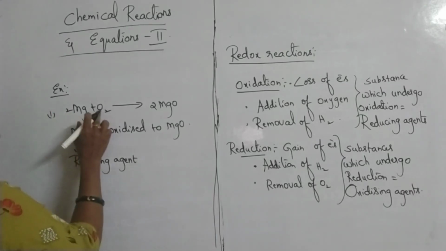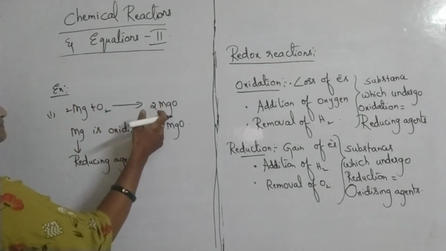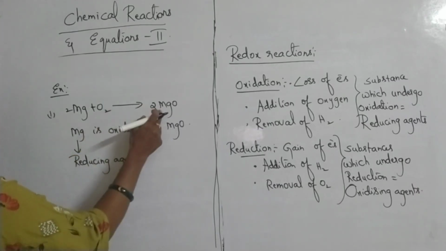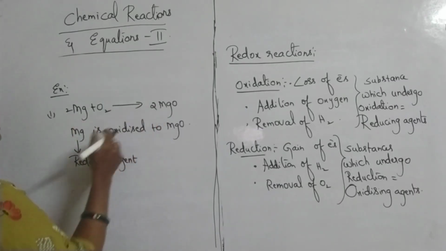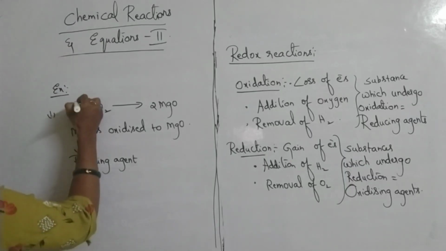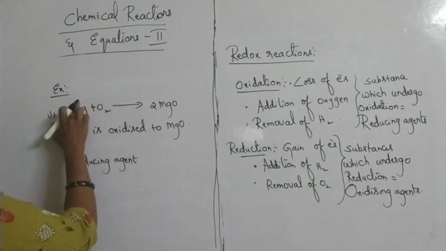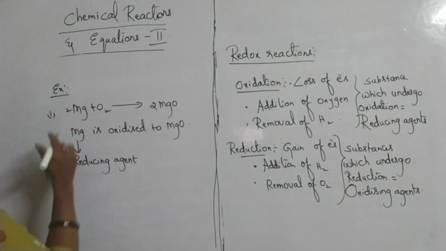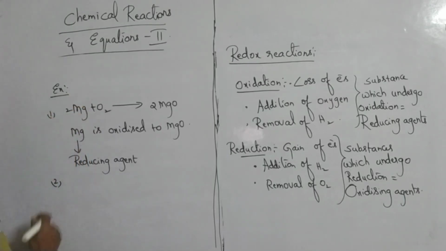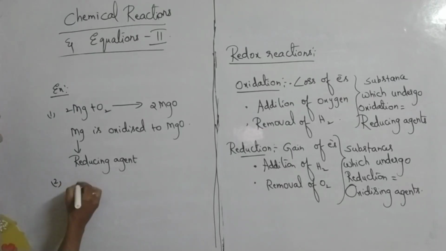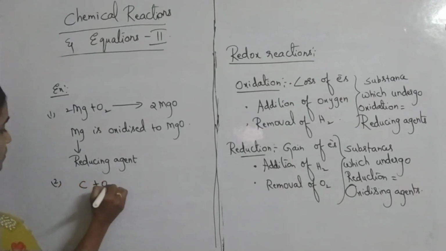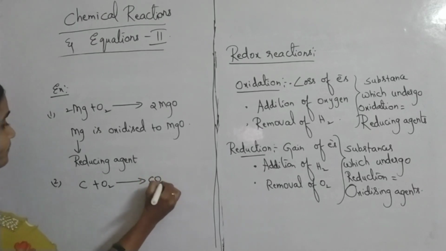And oxygen is removed, so oxygen gets reduced. Magnesium is oxidized, oxygen is reduced. So this is an example for what? Redox reaction.